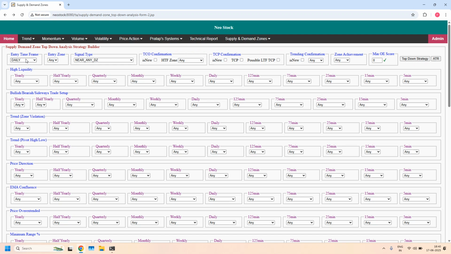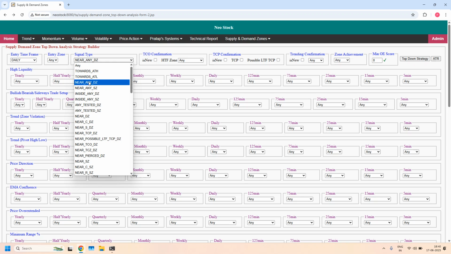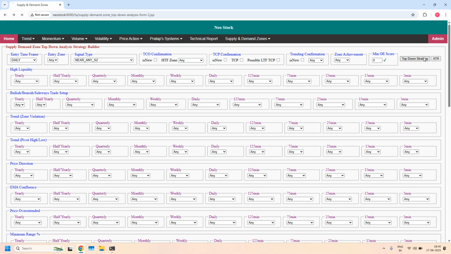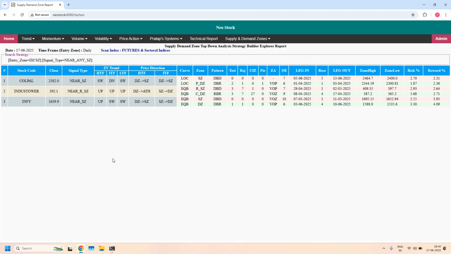Okay, next, for the daily time frame, stocks near to the daily supply zone, we got 3 stocks. Let us identify daily high liquidity supply zones from this list. Indus Tower is having a daily high liquidity supply zone. It is also having a daily high liquidity demand zone.